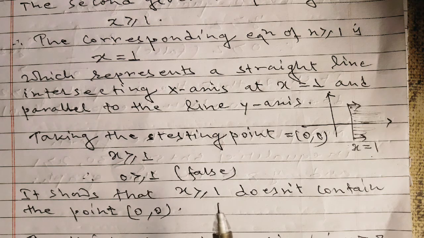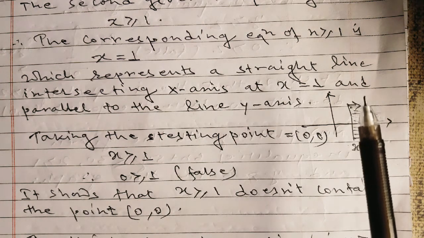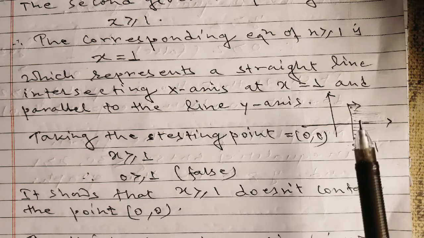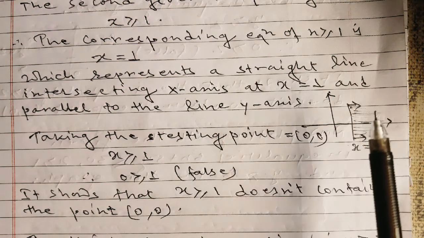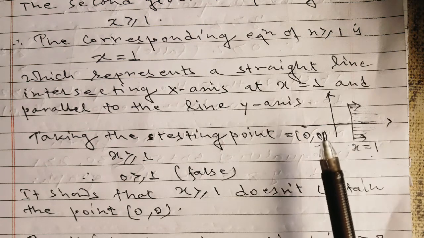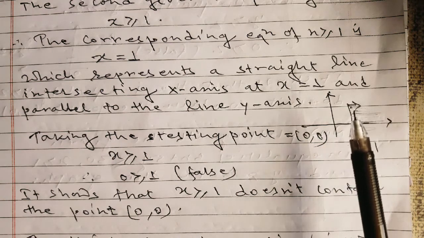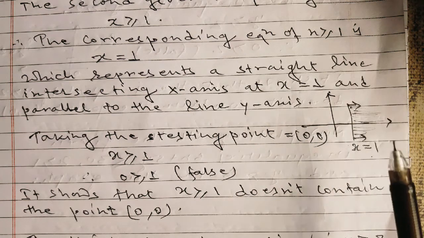That means x greater than or equal to 1 does not contain the point 0, 0. That means the region represented by x greater than or equal to 1 is opposite of the point 0, 0, so in the graph we have to show the region opposite of the point 0, 0.